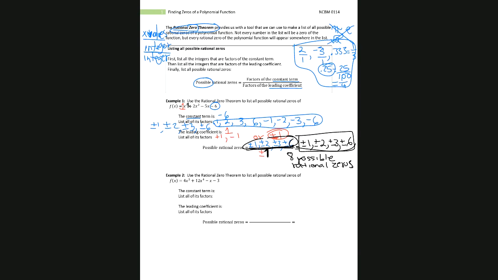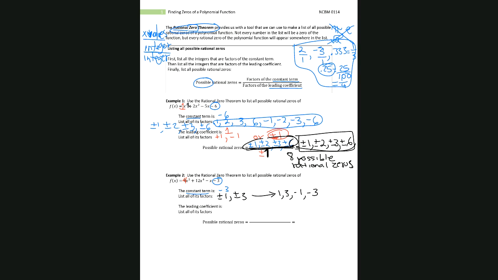And we're going to list, again, the constant term, which is -3. Factors of -3 will be plus minus 1 and plus minus 3. Remember that implies that you have positive 1, positive 3, -1, and -3. Now the leading coefficient is a 4, like we have here.